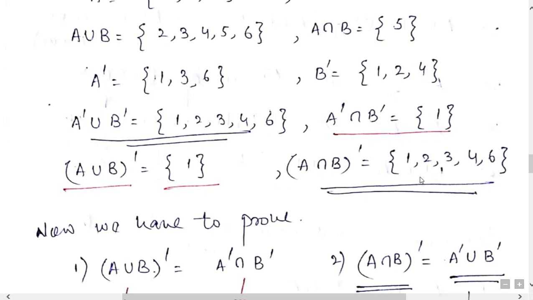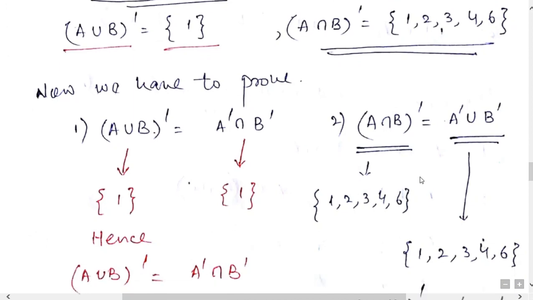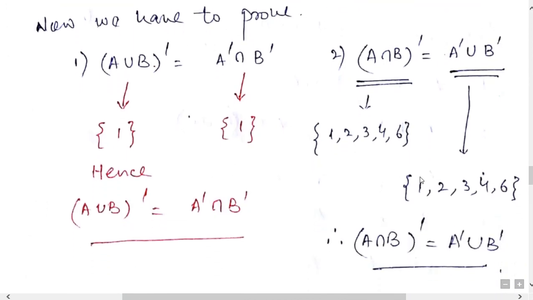Both the values are equal. In the first case both the values are 1, and in the second case both the values are 1, 2, 3, 4, 6. It means I can easily prove the statements of De Morgan's laws.